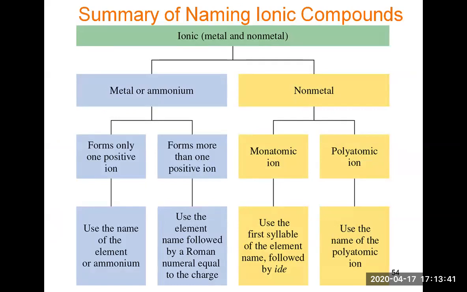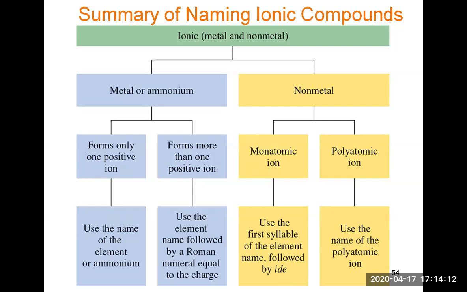So you have available in the reference packet for Unit 1 this flow chart that shows how to name ionic compounds. So at the top here in green, it reminds you that ionic compounds are made of metals and non-metals. First, you name the metal or ammonium, because ammonium is a positive ion, so it will be first in the formula.